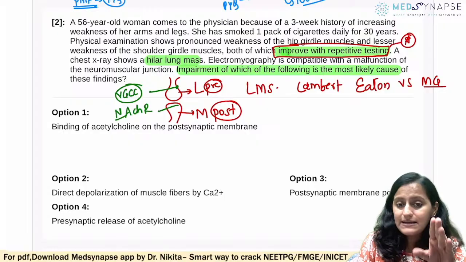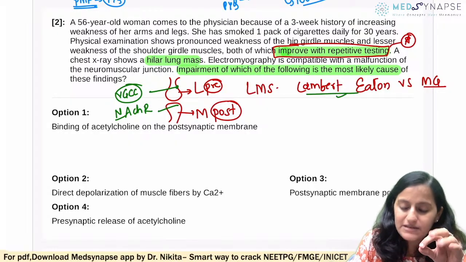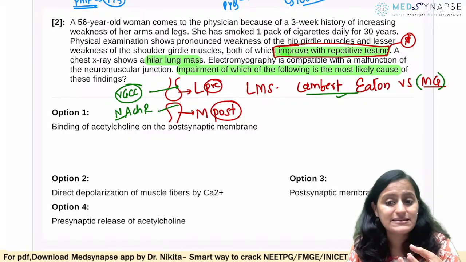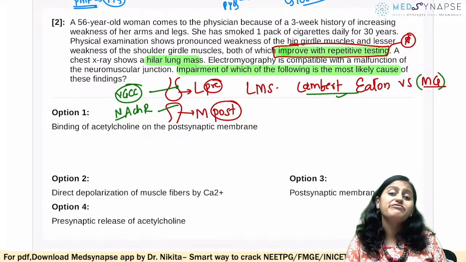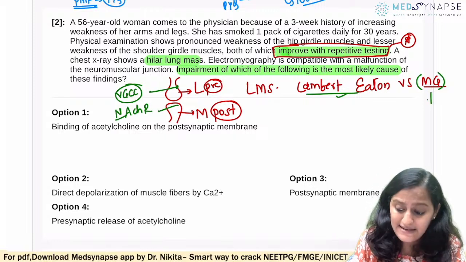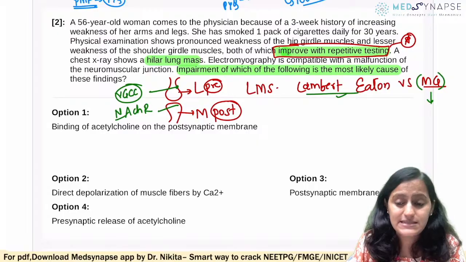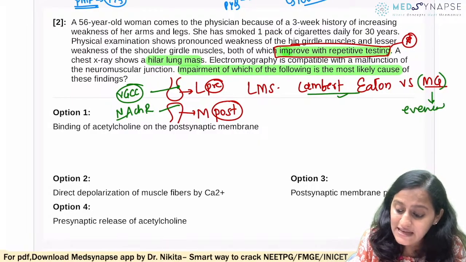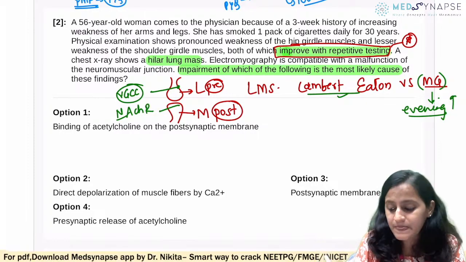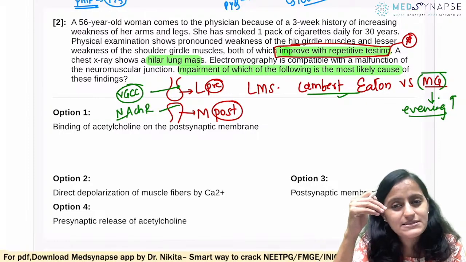Another difference: in Lambert-Eaton, with repetitive testing there is improvement in the symptoms, while in myasthenia gravis, more fatigue sets in with more repetitive use of the muscle. That is why the classical history in myasthenia gravis is evening fatigue, the ptosis which is more in the evening. It tends to affect the eye muscles, right?